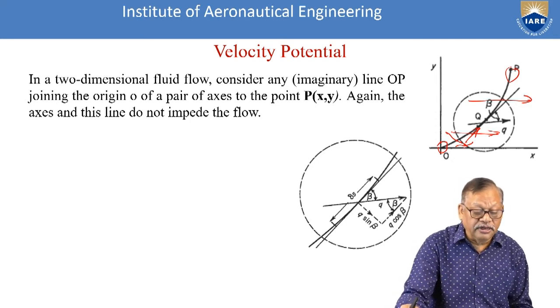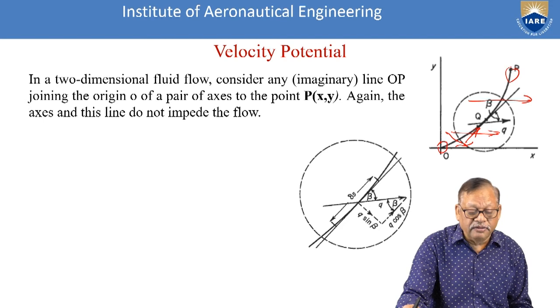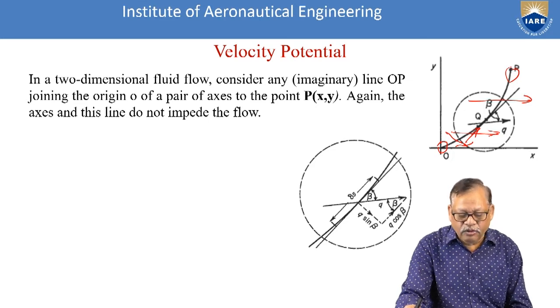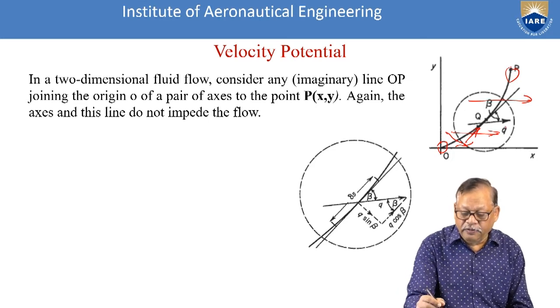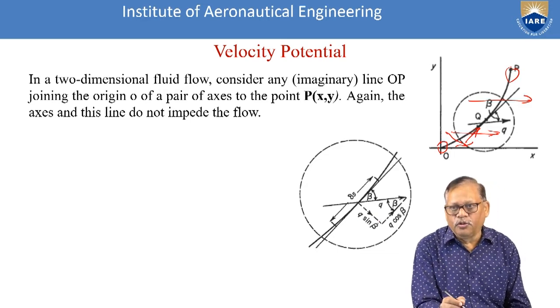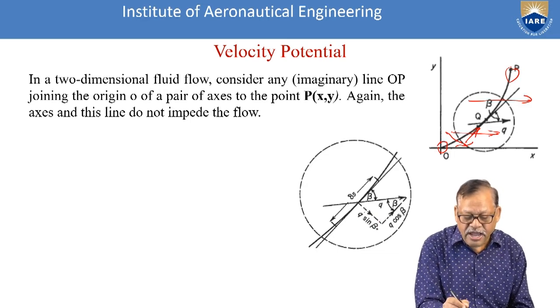So now today's interest is how to find the velocity potential. We know how much flow is flowing along the line OP. If we enlarge it, Q can be resolved into two parts. Q sine beta is along the perpendicular line.